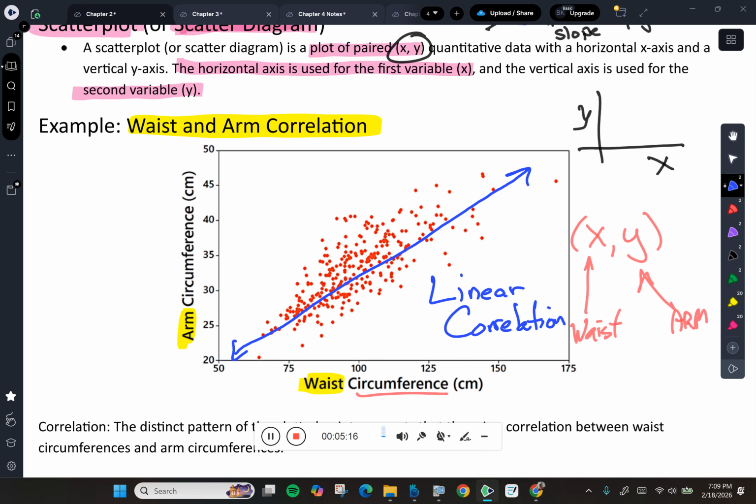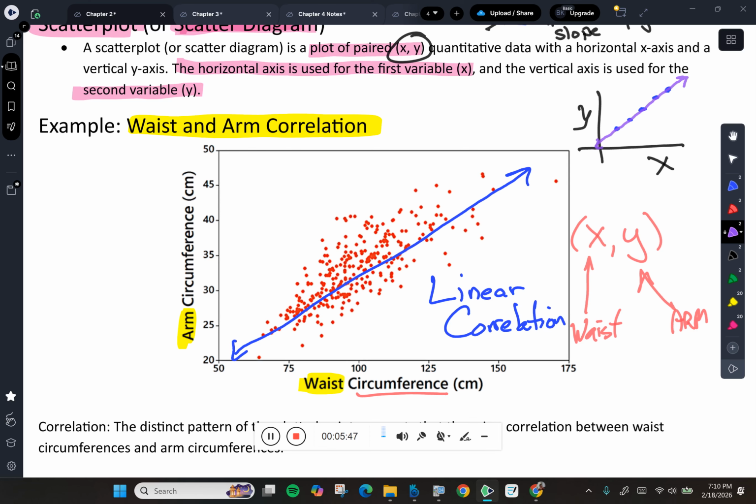Now, I know that there's at least one person there who has taken algebra and says that line does not go through all of those points, and a line's supposed to go through all the points. I'm not going to disagree with you. If this was an algebra class, I would be looking for something like this, where every single point perfectly fit my line.